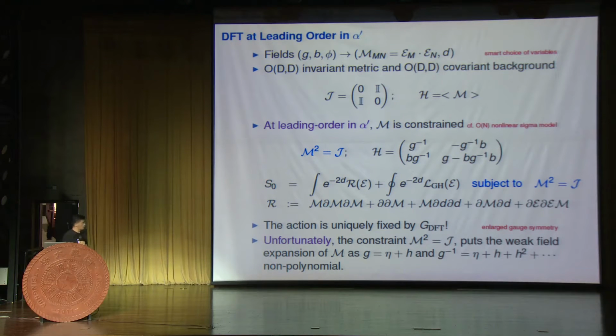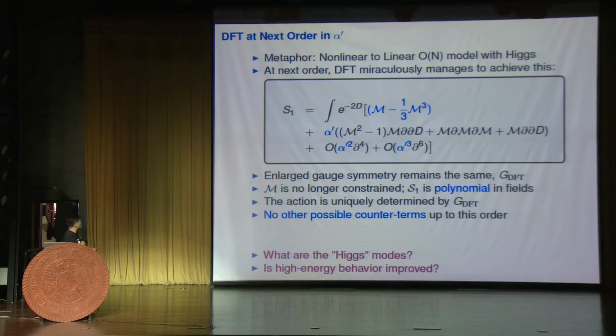So if I make a small field expansion in this theory, it is just a finite polynomial, a finite higher-derivative field theory, and it has just a scalar potential like this one. As you can see, at leading order in alpha prime, this is the leading term whose saddle point equation is precisely M squared equal 1. So this is the analog of a linear sigma model, or O(N) linear models.